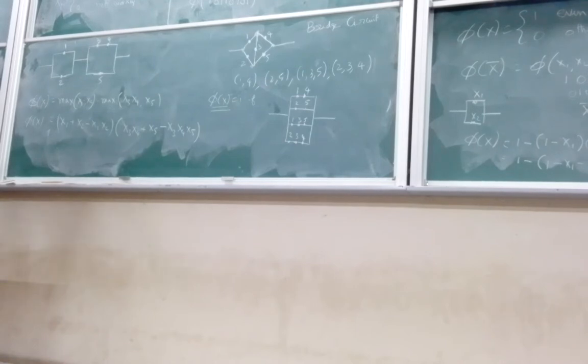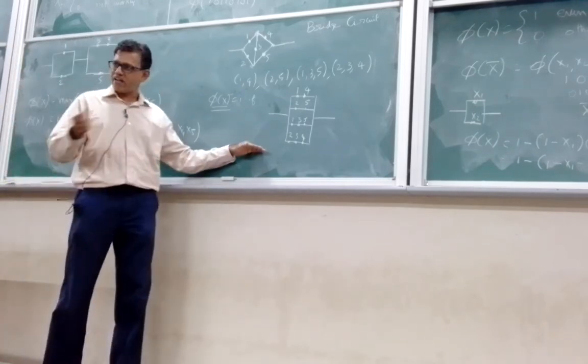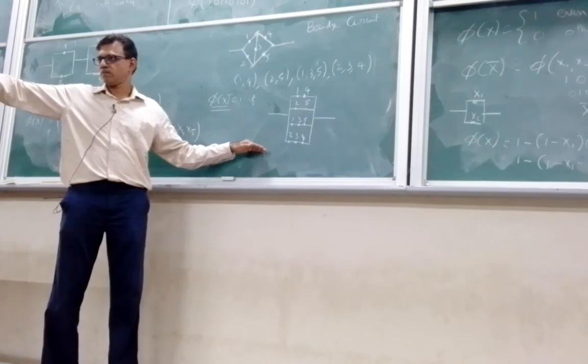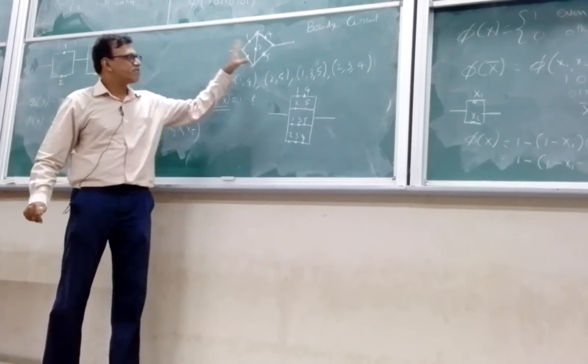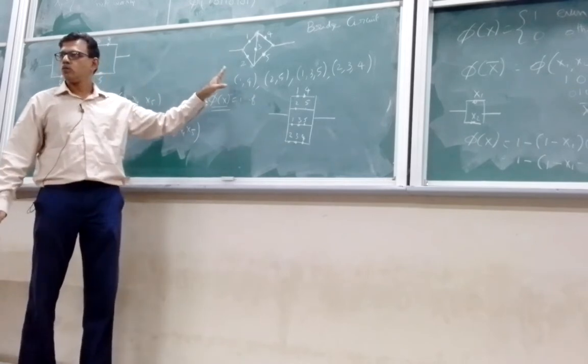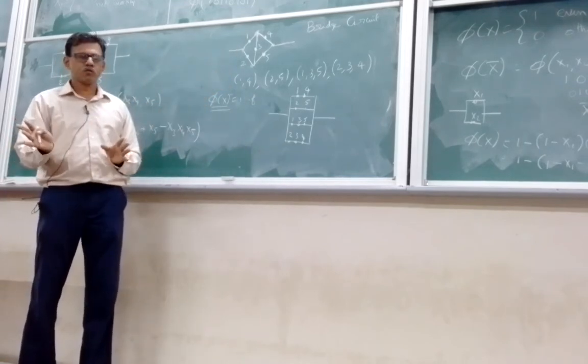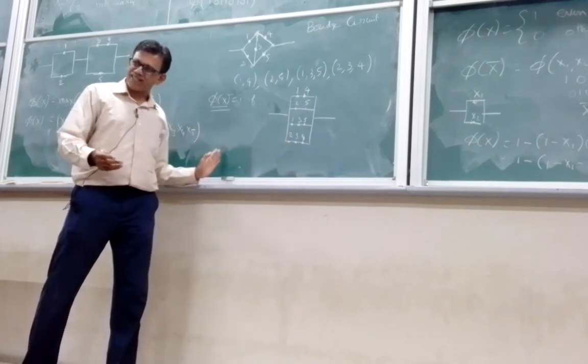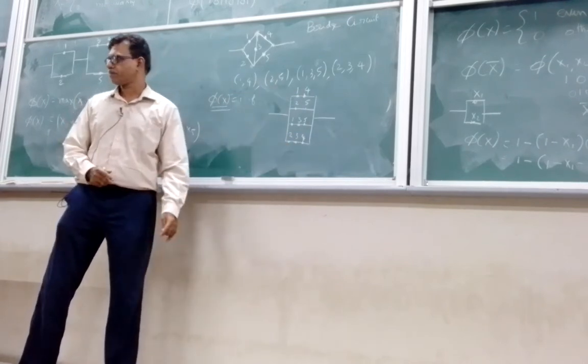Then there should be a dual for that. It is also possible to come up with a series of parallel systems. There is sort of a theorem that any structure function should be possible to convert in two modes: either a parallel version of series systems, or a series version of parallel systems.